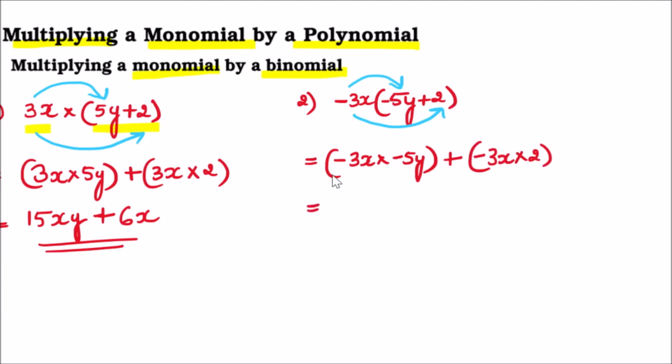Okay. So now in the next step, minus into minus is plus. Yeah. 3 into 5 is 15. X into y is xy. Here there is no need of writing plus. Okay. Minus into minus is plus. We will understand it. Okay.